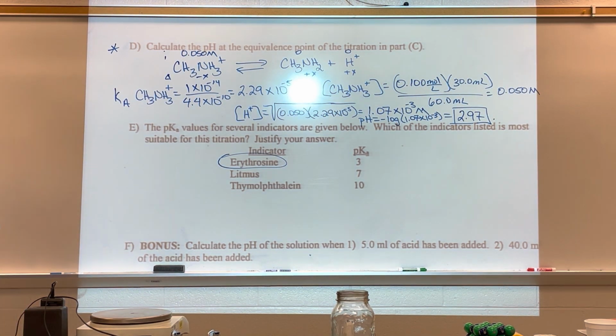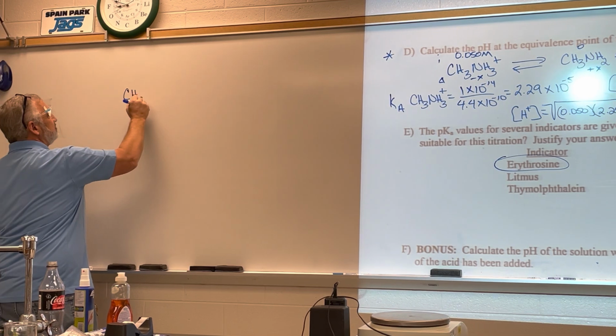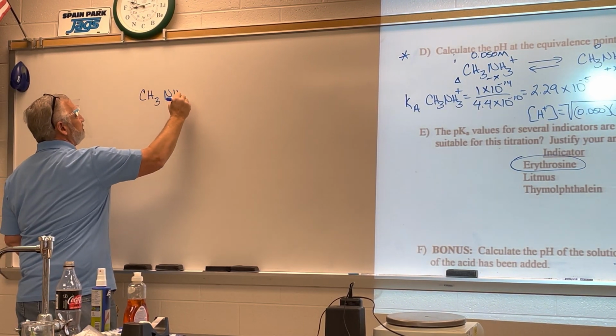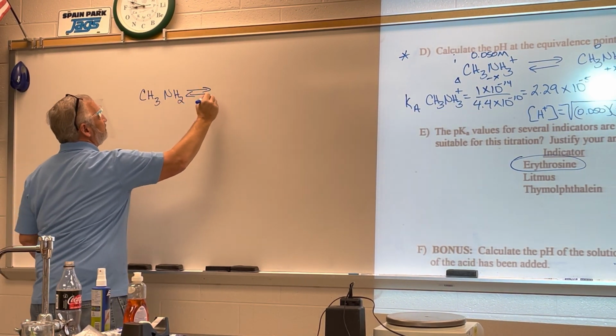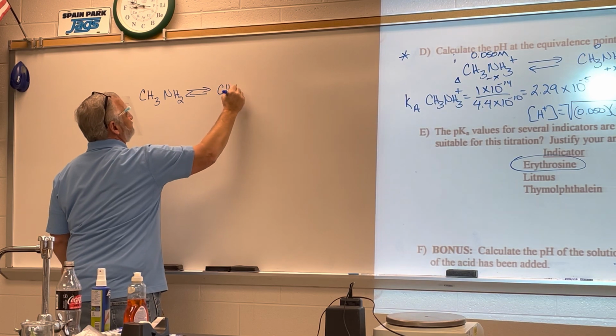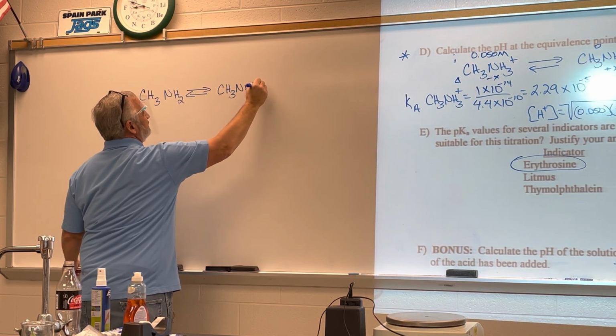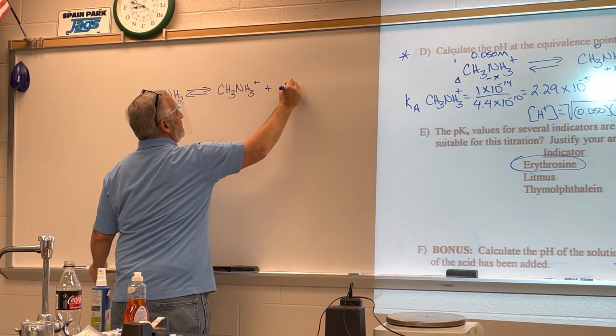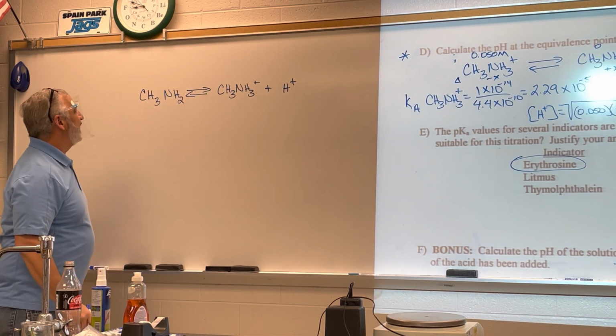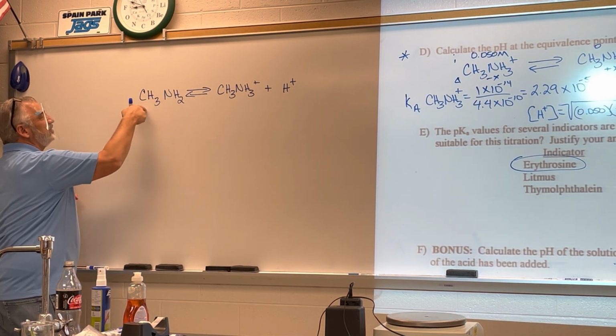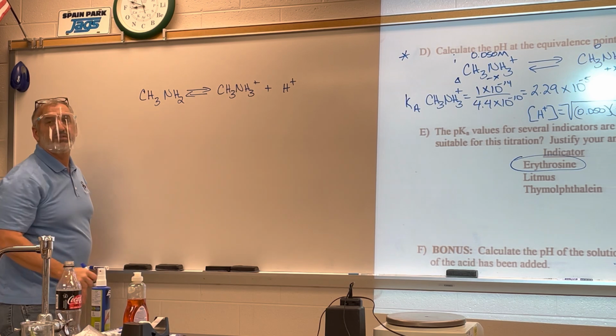All right, so if I have a buffer at my half equivalence point, I have equal amounts of this and this.